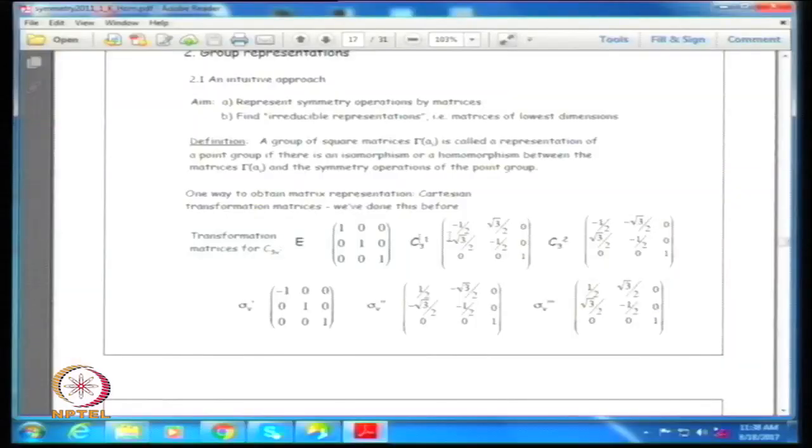Now, in terms of matrices, all the matrices are orthogonal. However, the lower three do not have determinant equal to +1. They have negative determinant. Okay, these form the usual rotations.